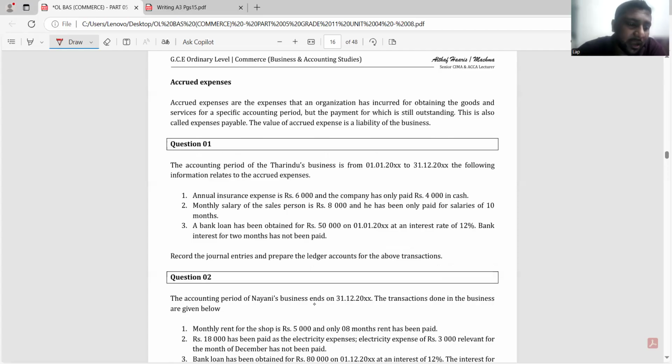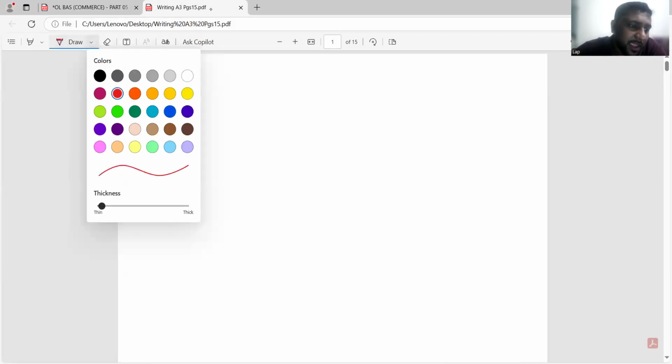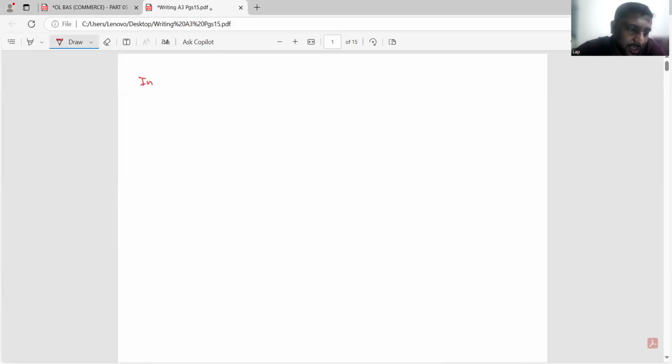So let's take an example here. They are telling annual insurance is 6,000. Company paid only 4,000. Total expense is 6,000. Company has paid insurance only 4,000.